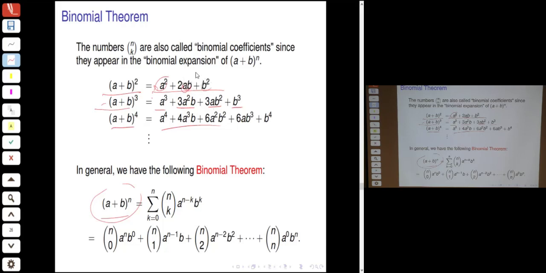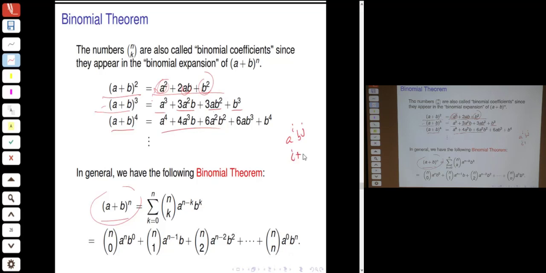We are going to have a to the power of n, b to the power of n, and then various mixed powers of a and b, so that if you have a to the i, b to the j, then i plus j, that is the power of a plus the power of b, should sum to n if you have (a plus b) to the power of n.